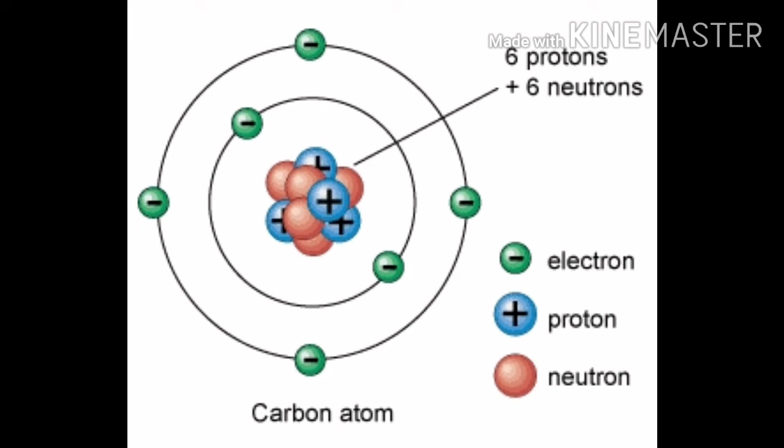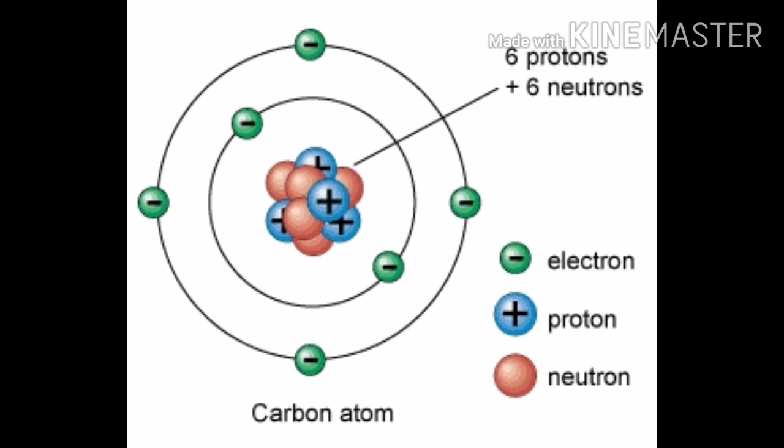When we look at this figure, in the center there are blue and red colored balls. The blue color shows protons and the red color shows neutrons. This is the center of the atom and it is known as the nucleus. The blue protons are positively charged particles, whereas neutrons have no charge.